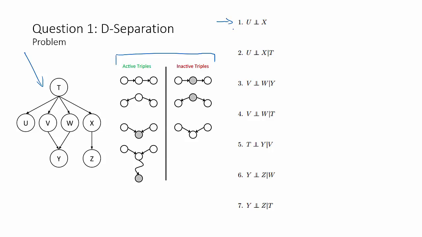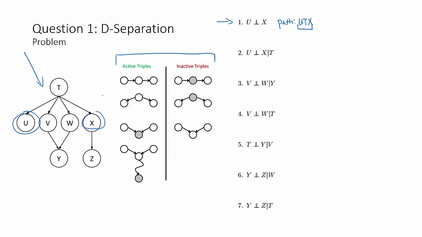Are u and x independent? There's no evidence here, so we don't need to shade anything in the Bayes net. We look at all undirected acyclic paths from u to x, and there's only one path, and that's the path u-t-x. On this path, there's one triple, which is u-t-x itself, and let's determine whether this triple is active or not.